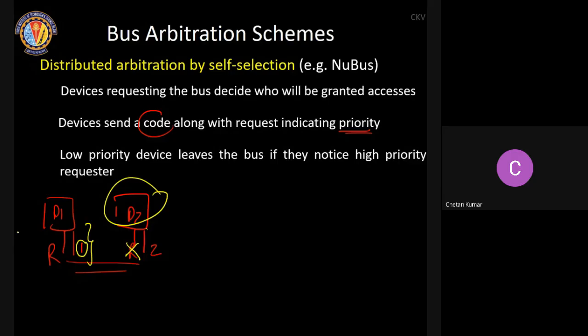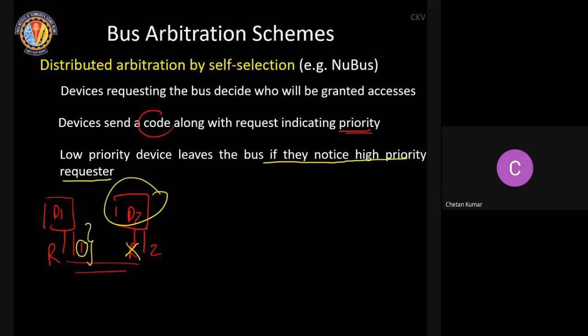There it was done by the hardware. Here the device itself is doing it. The device itself, by seeing that another device is requesting the bus and its priority is higher, will cancel its request. So a low priority device will leave the bus if it notices a high priority requester.